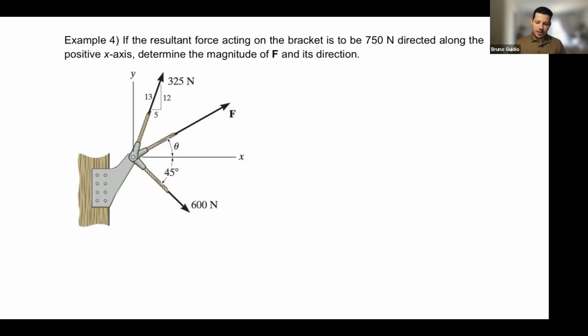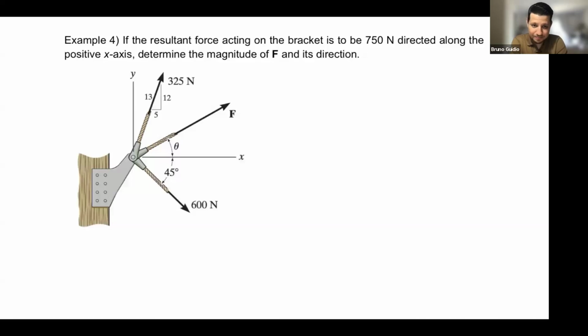Now a little bit different, okay? If the resultant force acting on the bracket is to be 750 newtons, direct along the positive x-axis, determine the magnitude of F and its direction.